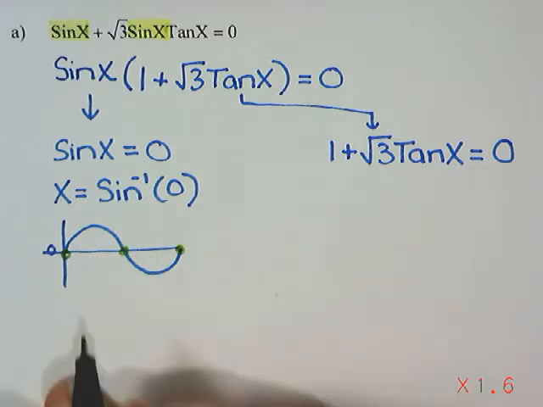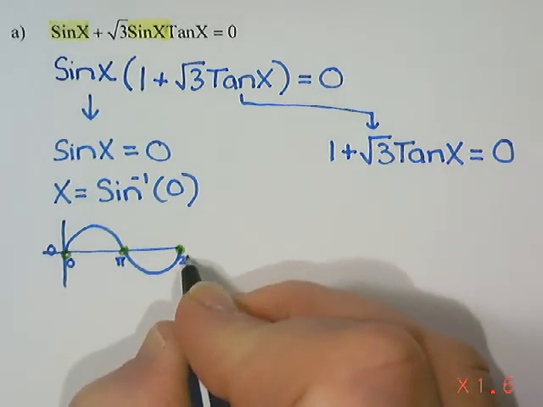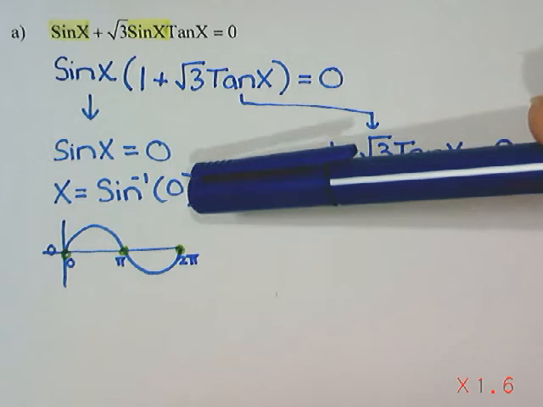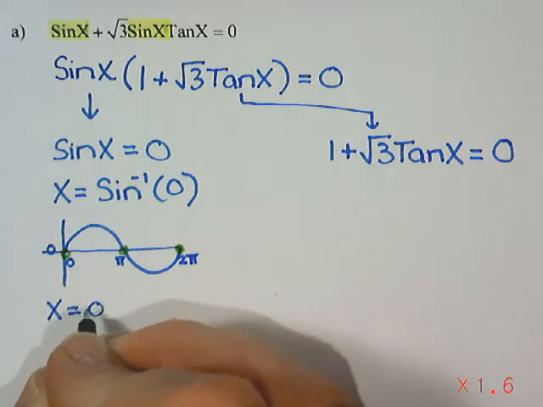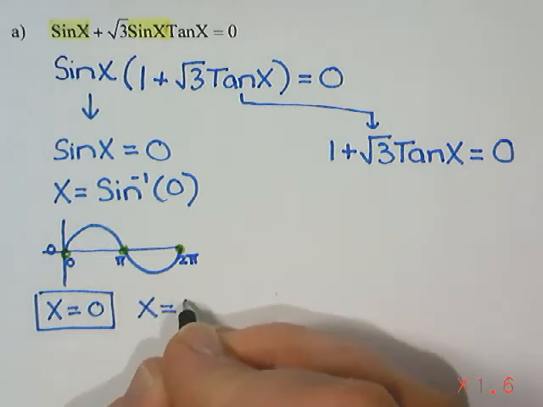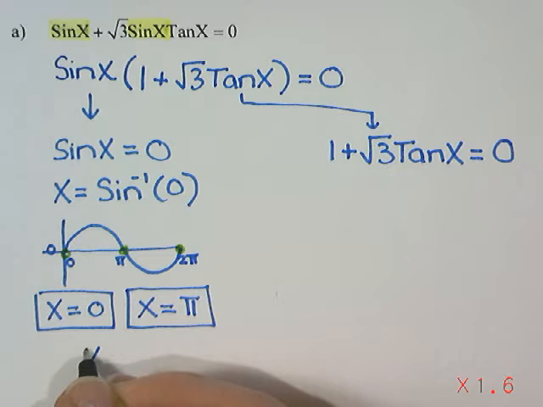So these are the points 0, pi, and 2 pi. So there are 3 different places where the graph has a y value of 0. That would be at x equals 0, at x equals pi, and at x equals 2 pi.